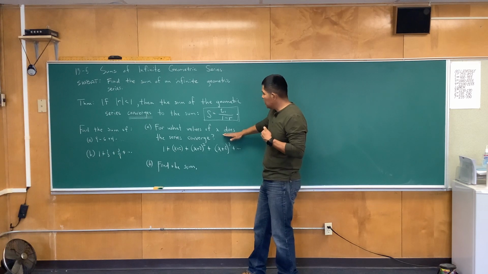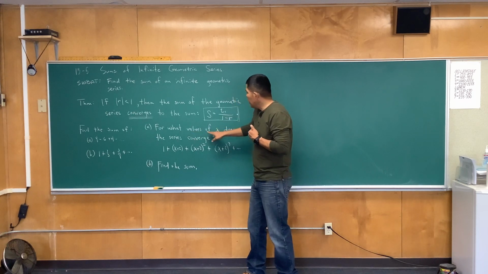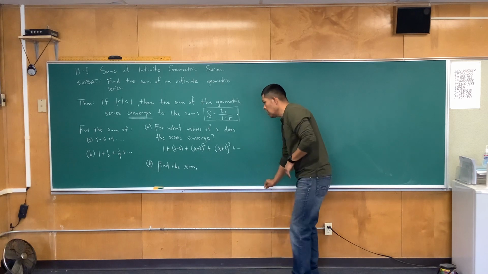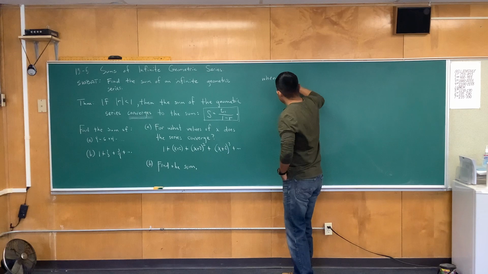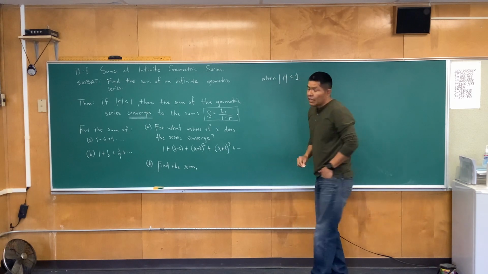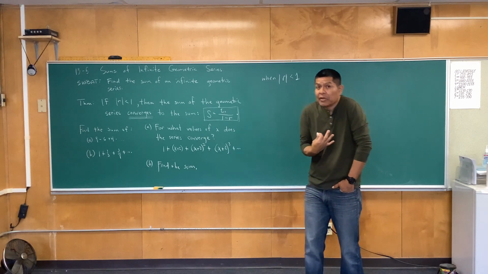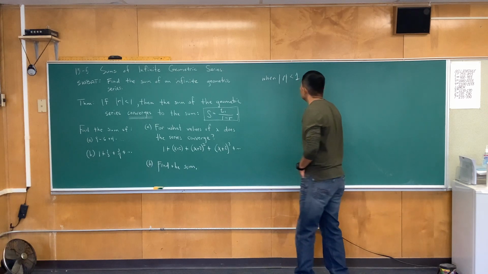But in our case, all we have to do is ask: for what values of x does the series converge? That says when the absolute value of r is less than 1. That's the general understanding, the basis of what we have to do.